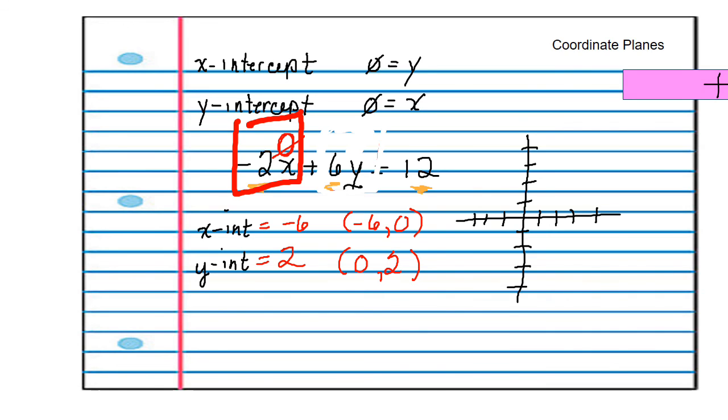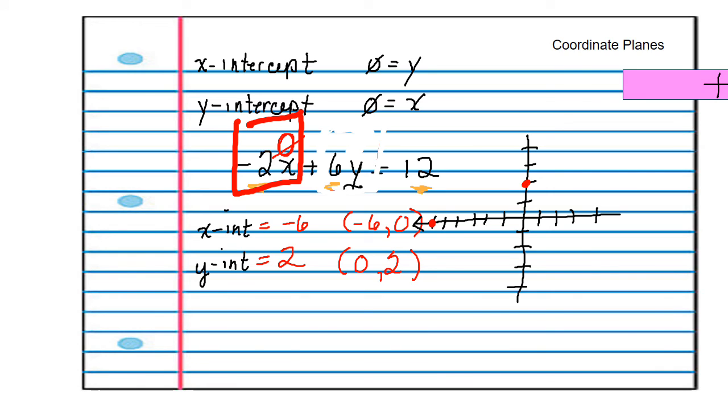Oops, need some more things there, don't I? 1, 2, 3. Okay, so negative 6, which means it's going to be right here, and 0. An intercept on the x-axis. That's the whole thing, x-intercept. And then we're going to have the y-intercept, which is going to be at 0 and a positive 2.